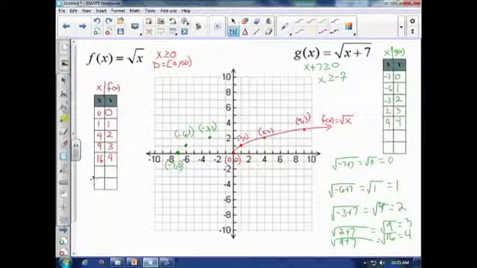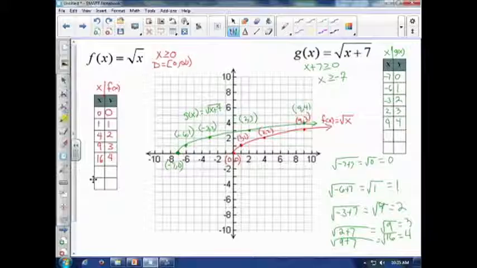There's 2 and 3 right here. And we could do 9 and 4. There's 9 and 4 right here. And so we join them together using a smooth curve to get the graph of g of x equals the square root of x plus 7.